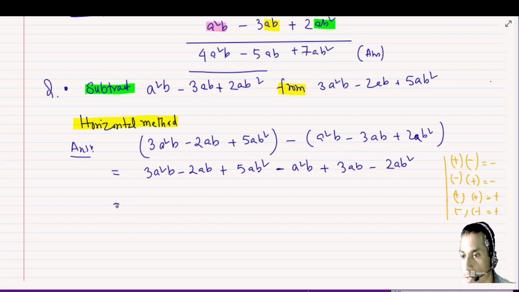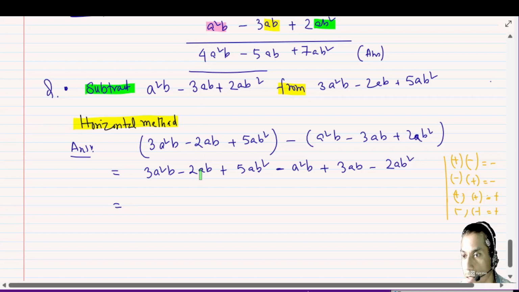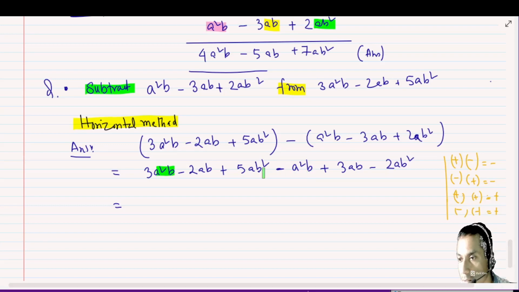Clear? Then identify, as I already told you, every time in addition and subtraction you group the like expressions. The like expressions are a square b, and here where is the square b? Here, a square b. You just take this a square b here, left side.